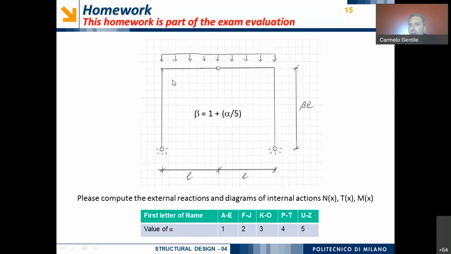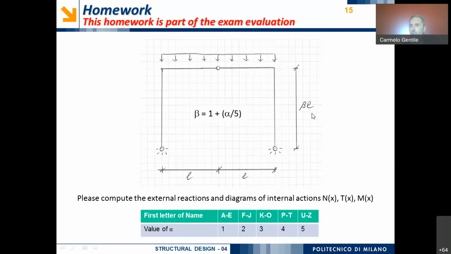We have a structure which is quite similar to the one I solved for you at the beginning of my lecture. So it's an arch with 3 hinges. It is subjected only to a vertical distributed load on the horizontal beam, and the difference between the different structures is the height of this column.